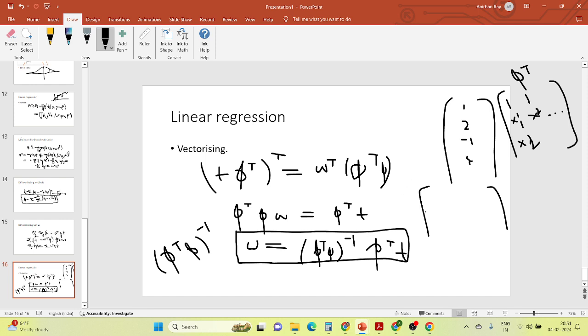As you know, there is an algorithm called gradient descent to calculate our best fit, but that is not the analytical one. That is an iterative method. But this is the analytical one. Using this expression, you can calculate the value of W, the parameters, in one go.